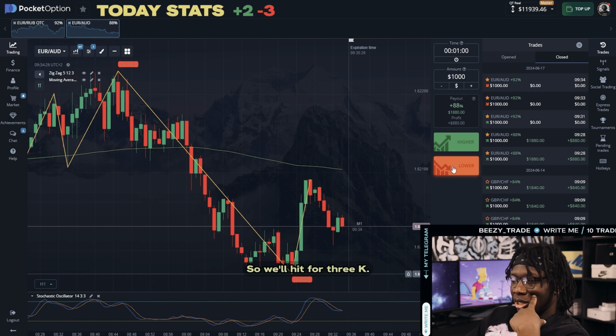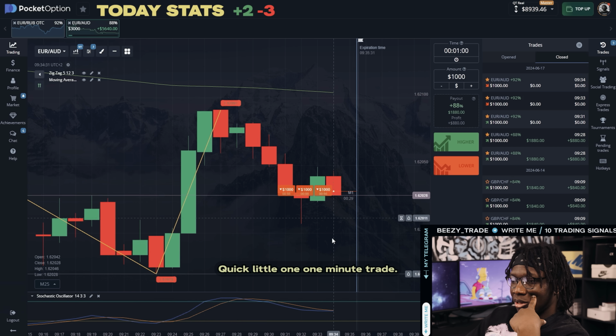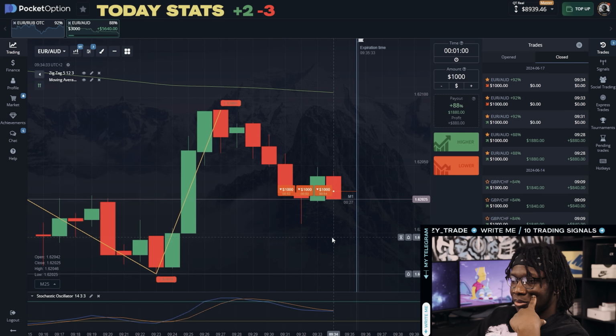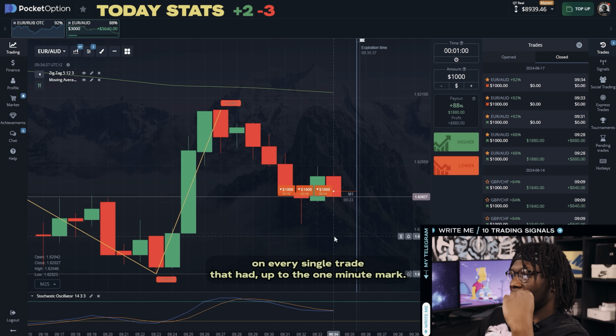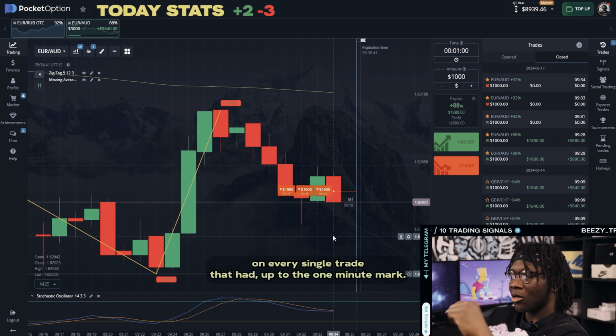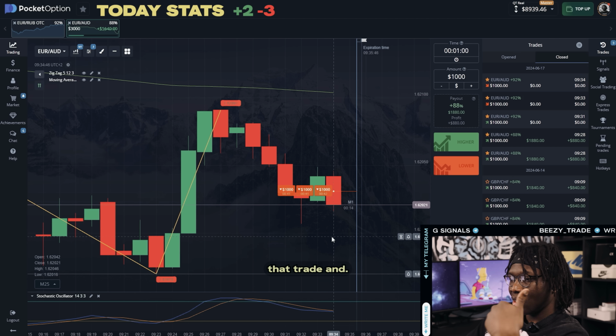So we'll hit for 3K. Quick little one minute trade, because I feel like we've been taking profit on every single trade that had up to the 1 minute mark, but once it goes a little bit above, we end up losing that trade.